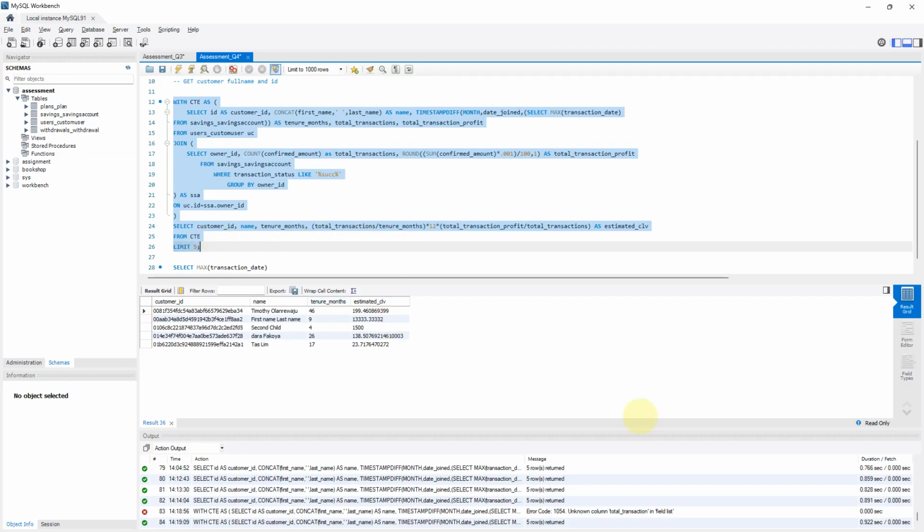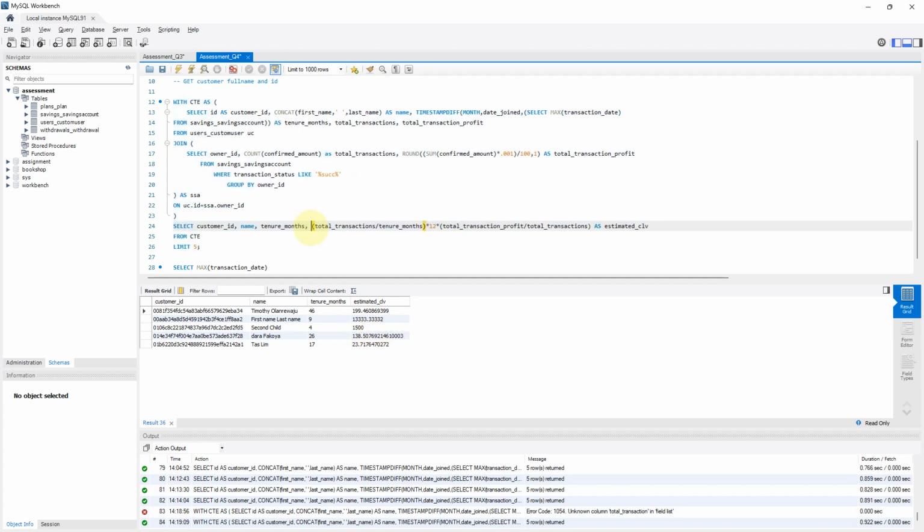I limited it to 5, but 0.90 seconds is pretty fast. So maybe I'm just going to round this. I'll copy all of this, say round to maybe 1 decimal, paste everything here and run it again.